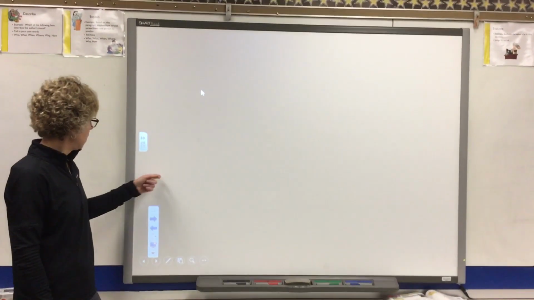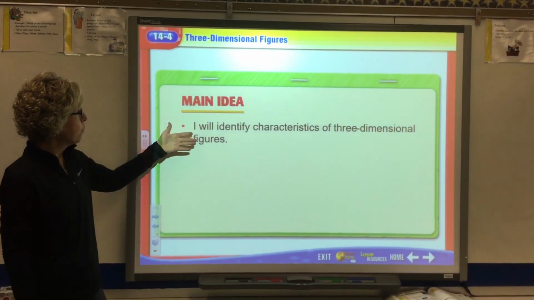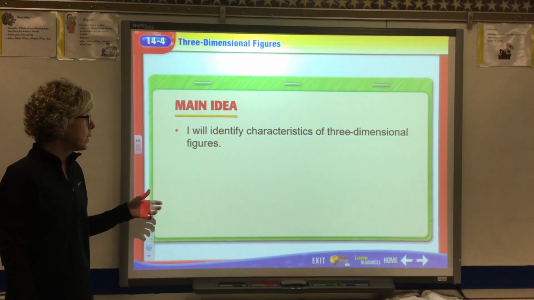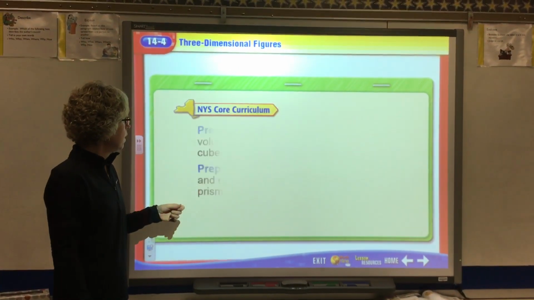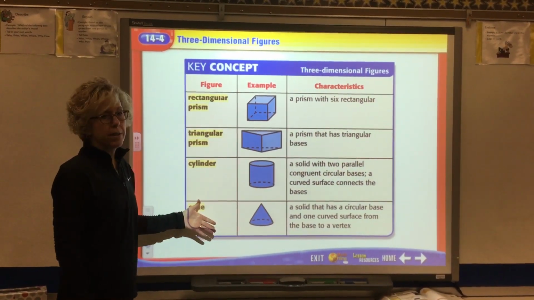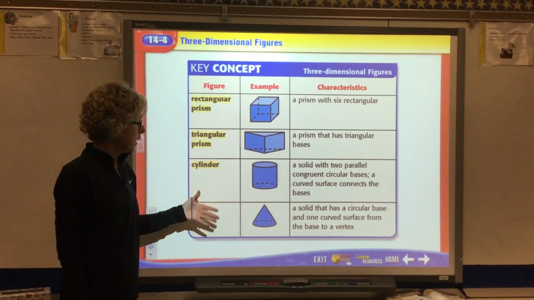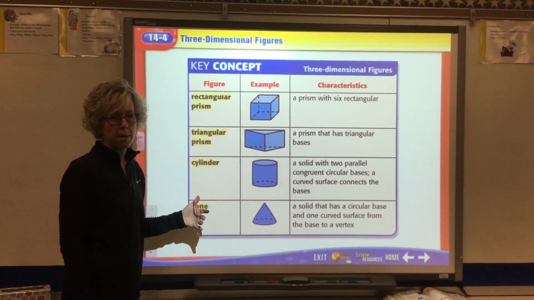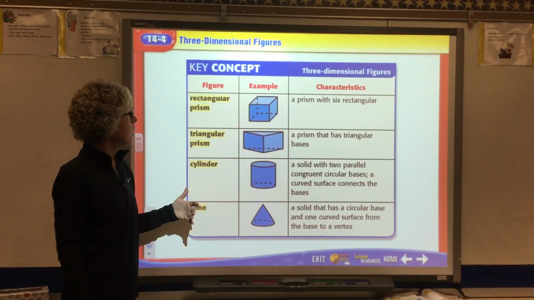All right. So today we're going to identify characteristics of three-dimensional figures. I'm going to skip over this, but this is the reference that you should look into your book for as you're completing some of these questions.